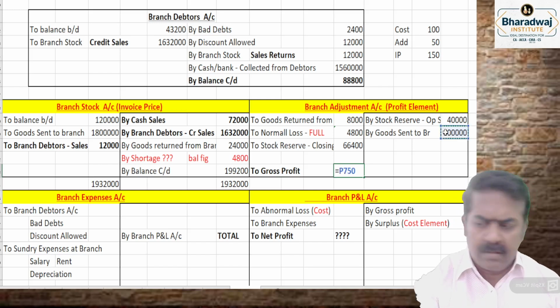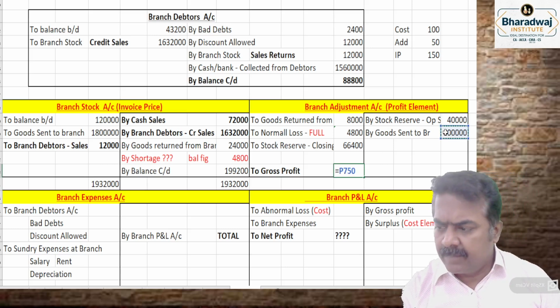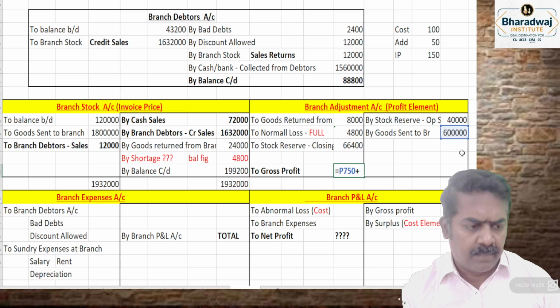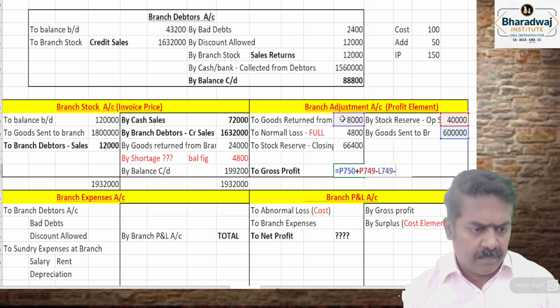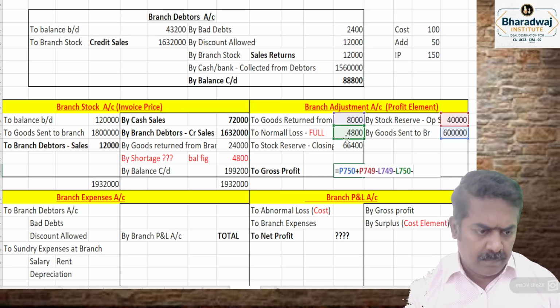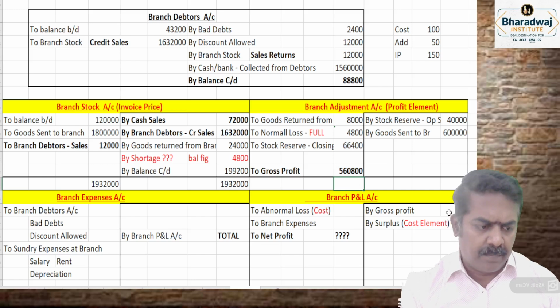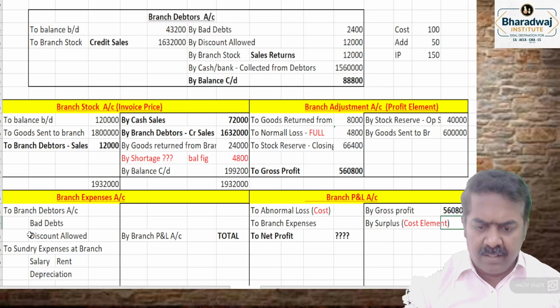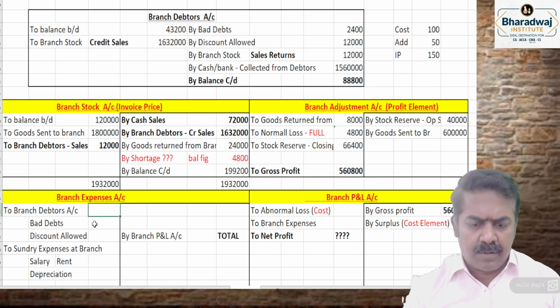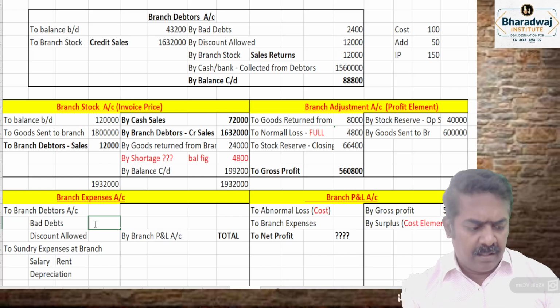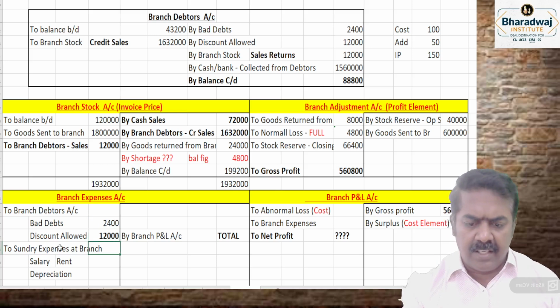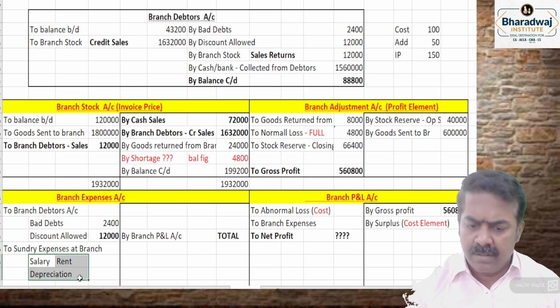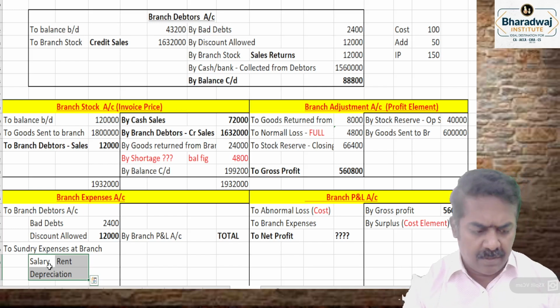6 lakhs plus, minus, then bad debts 2,400. Discount allowed how much? Sundry expenses at the branch. Rent how much?